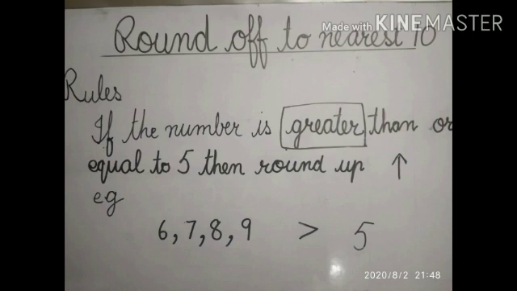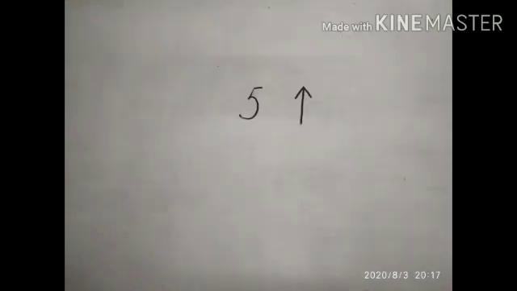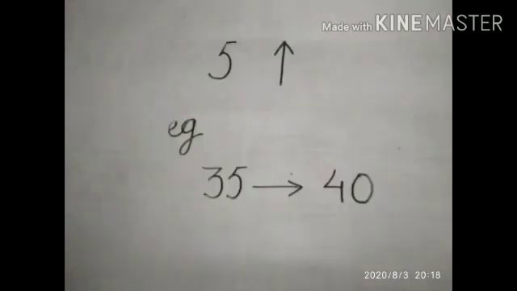So they will be rounded up. So students, understand, strong numbers always round up. Here we can see number 5 is always rounded up to the higher 10. For example, 35 will be rounded up to 40. Understand? Number 5 is always rounded up.